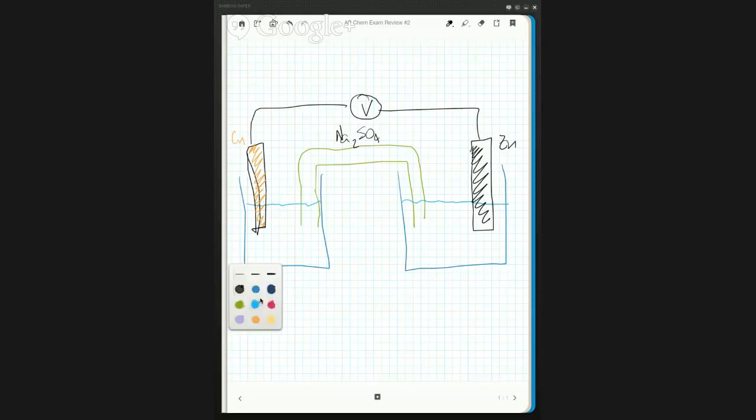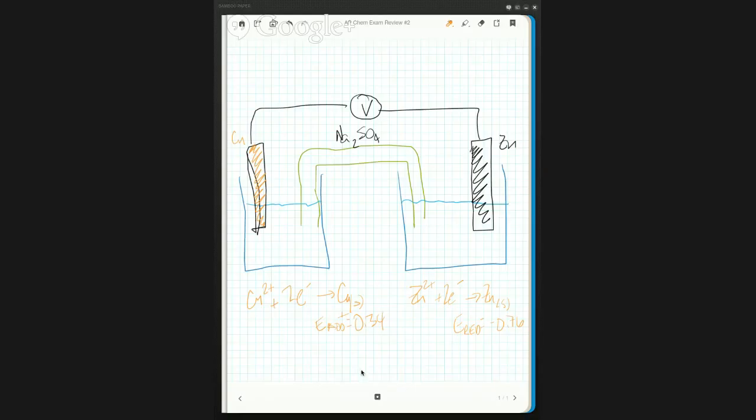But let's just say that on this side, which we've already made brown, I'm going to write these as their reductions: Cu2+ plus 2 electrons gives us copper solid, and the E of the reduction is equal to positive 0.34. That's a positive, okay? And on this side, we have Zn2+ plus 2 electrons gives us zinc solid, and this E of the reduction is equal to negative 0.76.